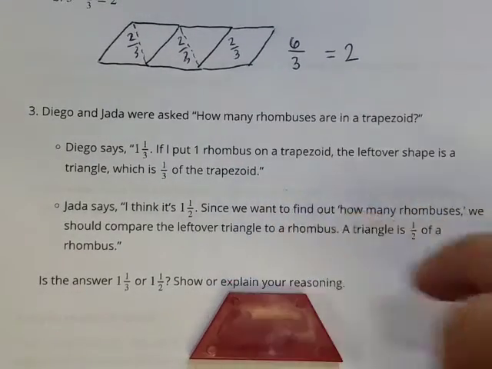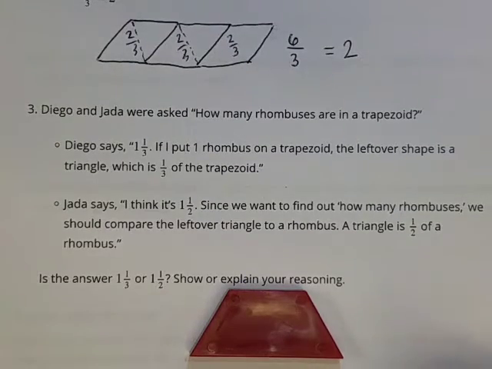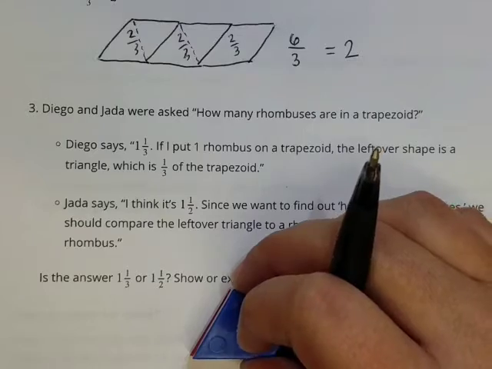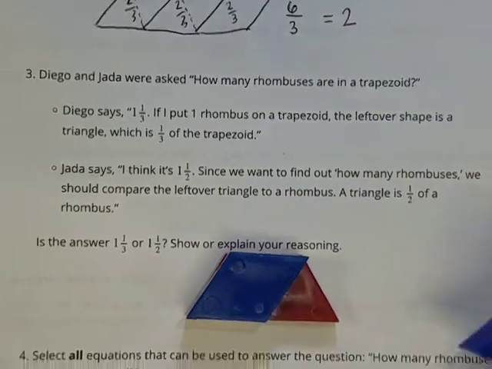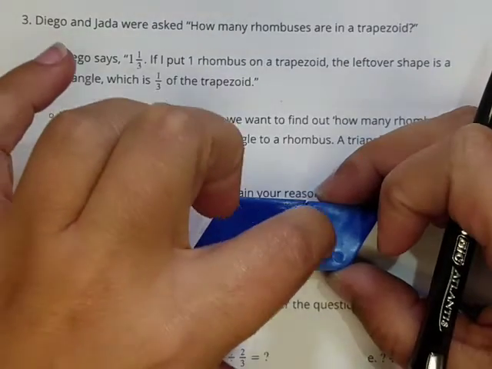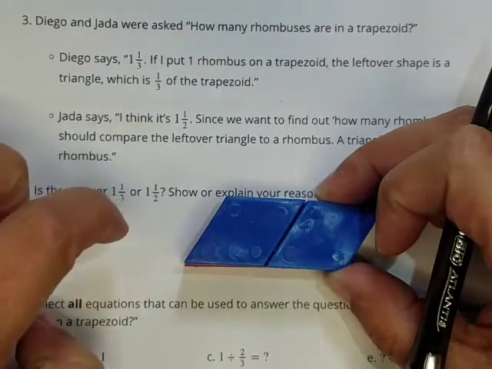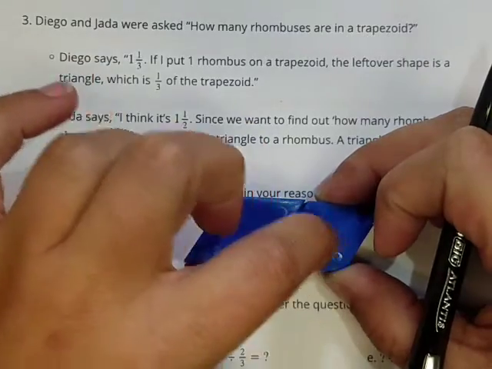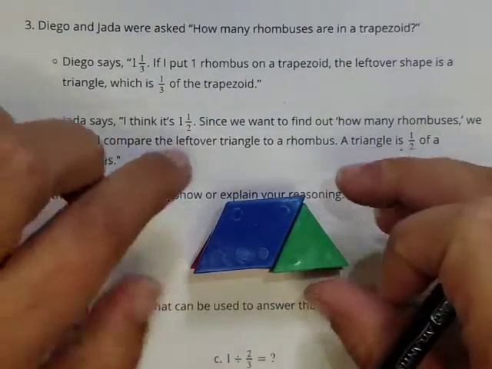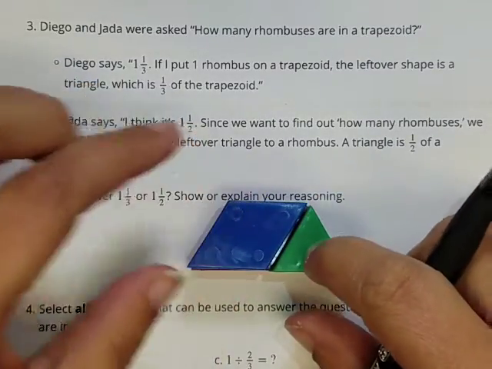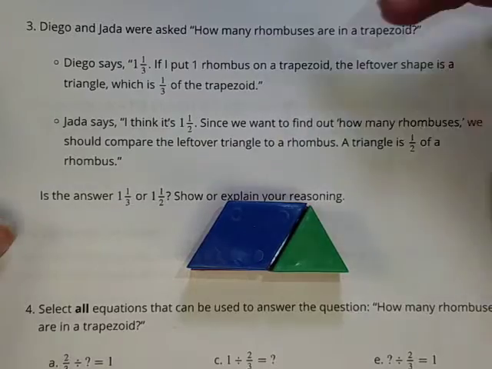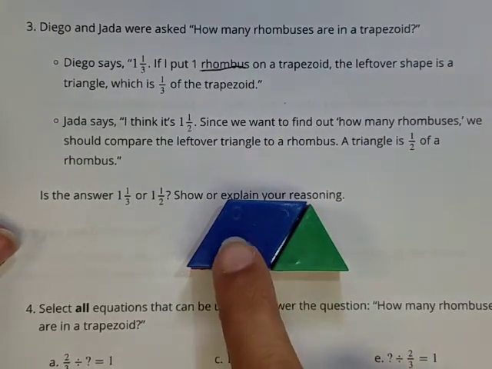So here's my trapezoid. And it says how many rhombuses are in a trapezoid. So there's 1. And then if I put the triangle on here, it looks like it's half of the rhombus. It's not 1/3 of it, but what Diego is saying is that, oh, because the triangle is the size 1/3. But are they asking for how many triangles and how many rhombuses? No, they're just asking for rhombus. So they want to know how many rhombuses.